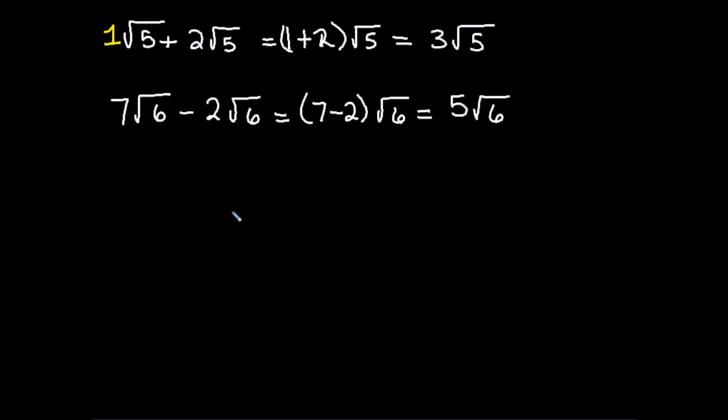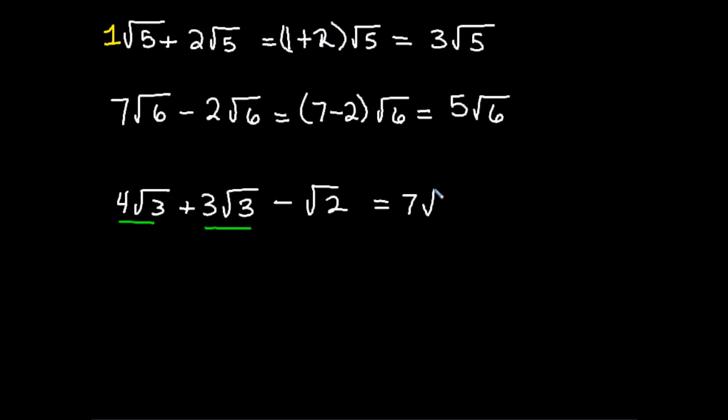So our radicals have to match. If I have some radicals that match and some that don't, I can only combine the radicals that match, the like terms. So those are the square roots of 3. 4 plus 3 is 7, and then I keep the minus square root of 2 the same because it didn't have a like term.